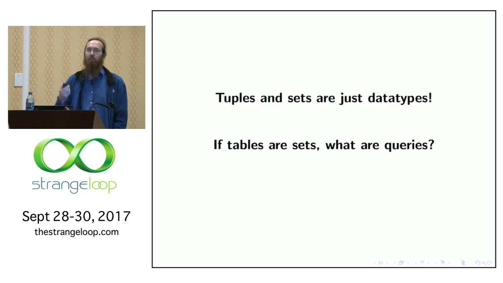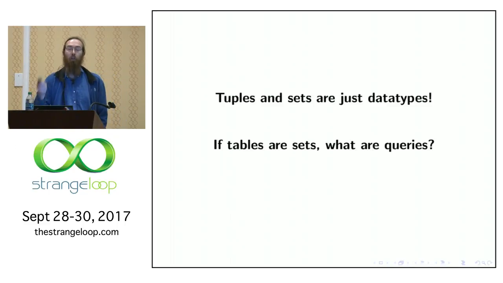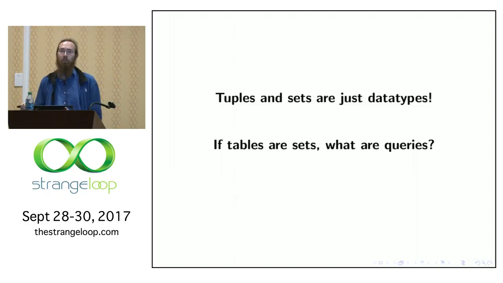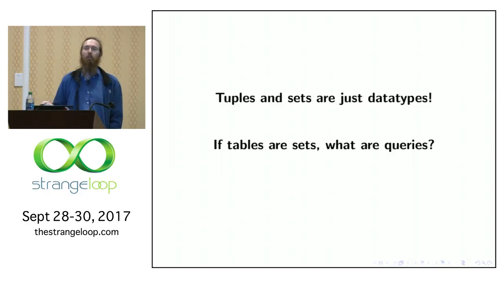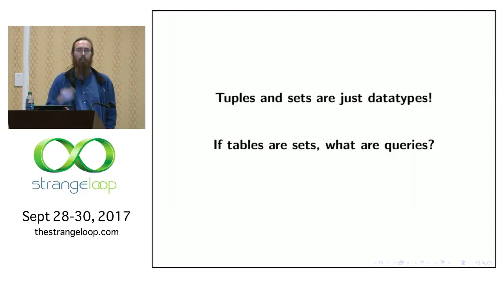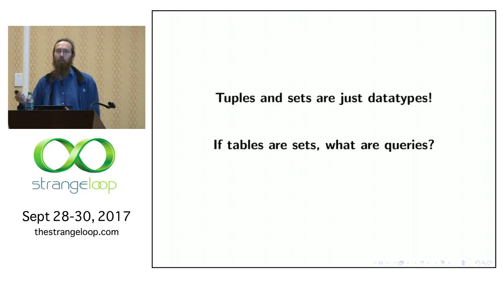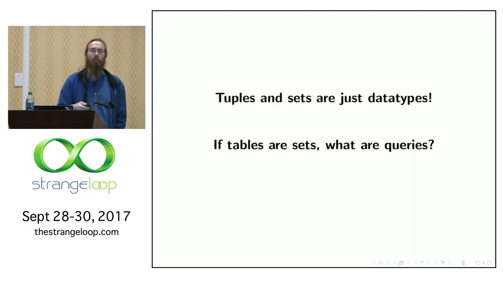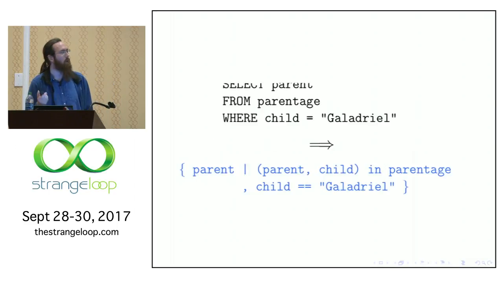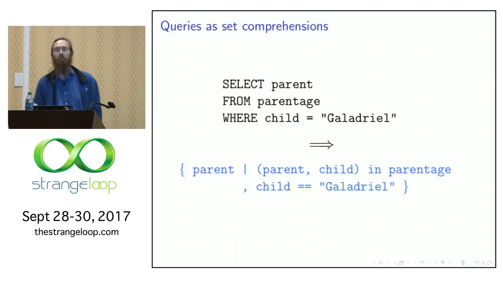And then another question presents itself, which is, if tables are just sets, what are queries? And the answer to this question is the core idea behind functional query languages. You may have heard of this, you may have used list comprehensions if you've programmed in Python or in Haskell. They're a very nice syntax for manipulating lists, for iterating over them, filtering them, applying functions to each element, combining lists. Well, if we can have list comprehensions, why not set comprehensions, right?